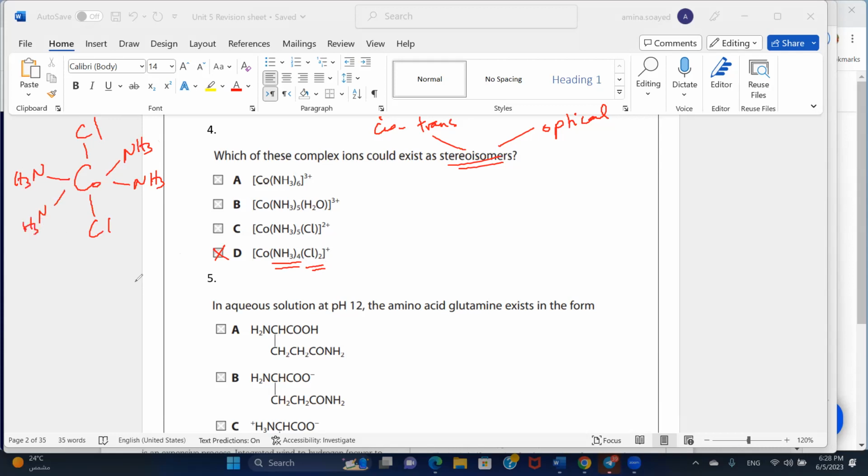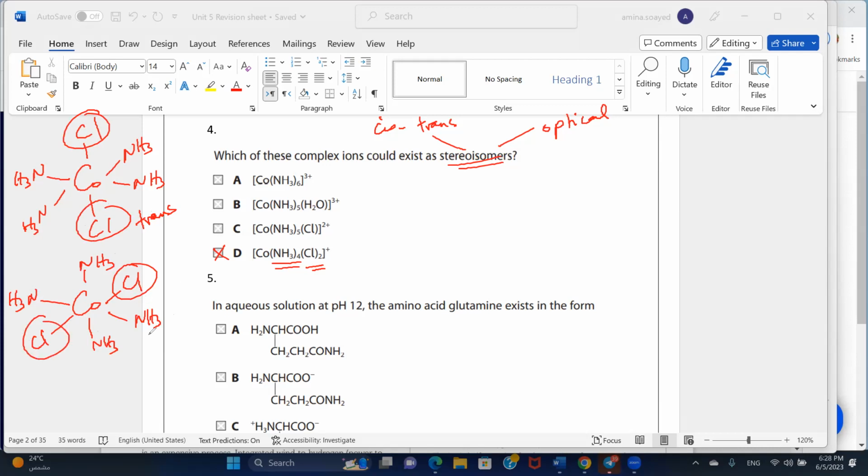Or else you can draw cobalt, here we have an ammonia, here we have a chlorine, and then an ammonia, and then a chlorine, which is opposite to the ammonia. So this is also a trans. We call this a trans isomer because the chlorine atoms are trans to each other.